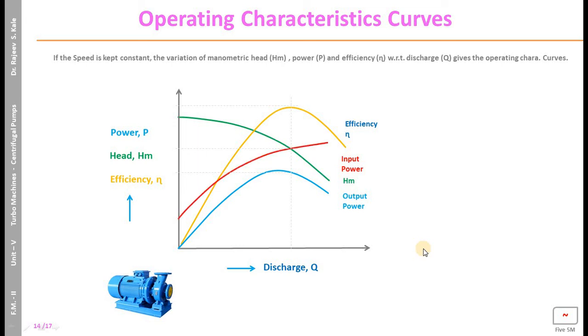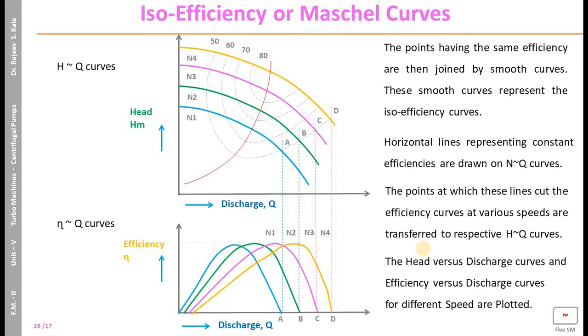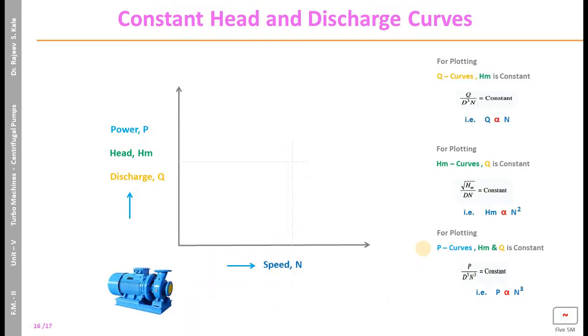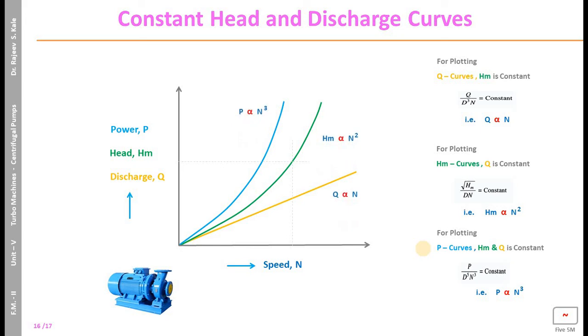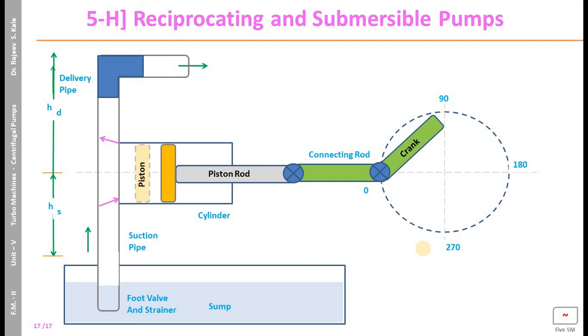All these curves we have to study in detail, how to draw them, how to take the observations, and the importance of all these curves while selecting and designing the pumps. So these are the various curves. These curves are known as characteristic curves of a centrifugal pump.